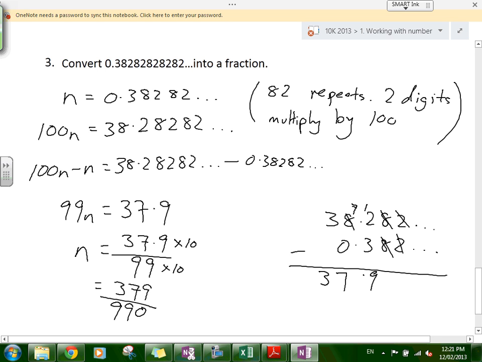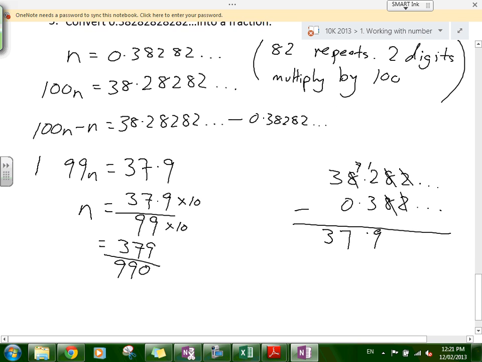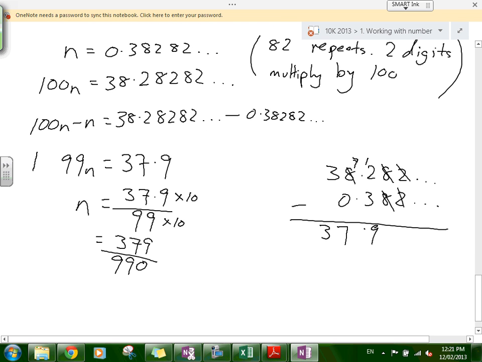If you type it into your calculator, you can check. So I can conclude that 0.382 repeater equals 379 over 990.